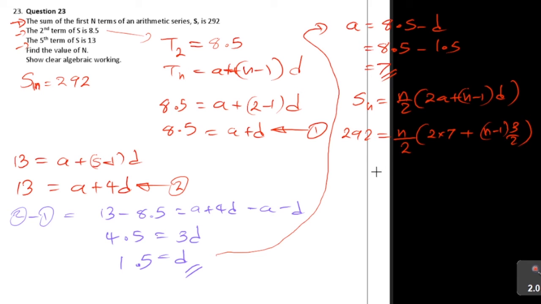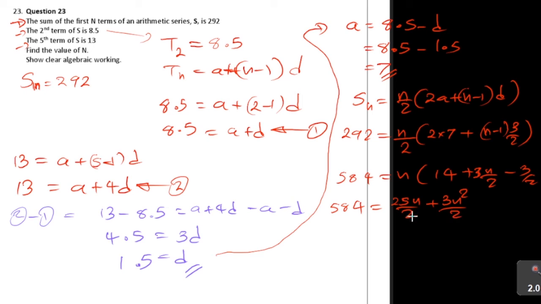I think multiplying by 2 will be better. We are going to have a quadratic equation. So 292 into 2, what do we get? 584. 584 equals n times 14 plus 3n over 2 minus 3 over 2, so 25n over 2 plus 3n squared over 2.